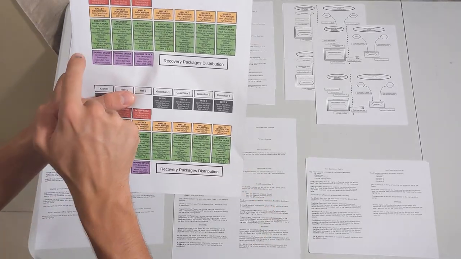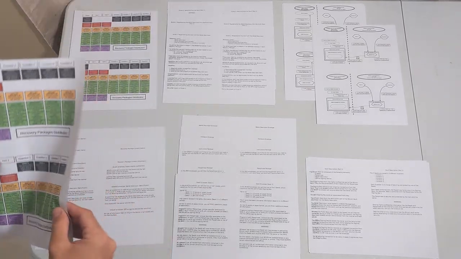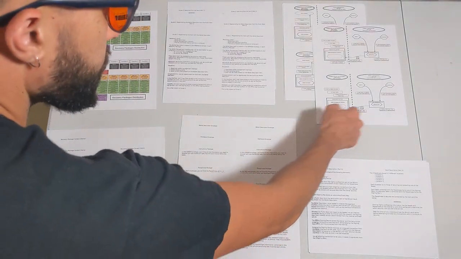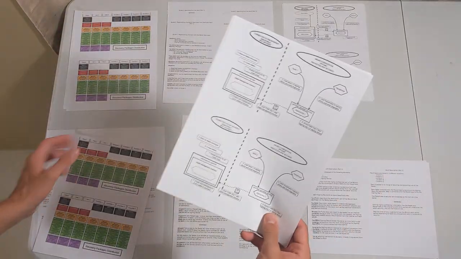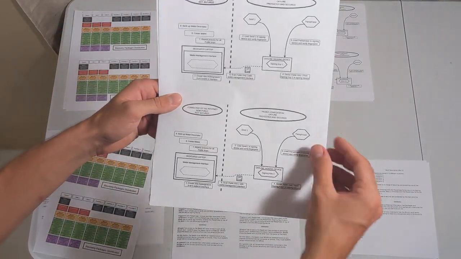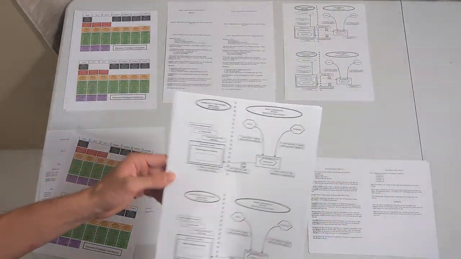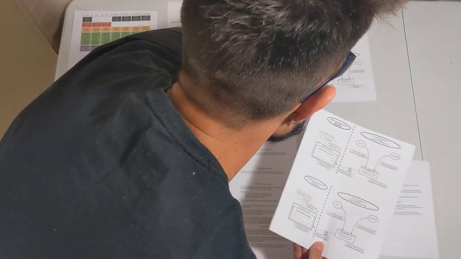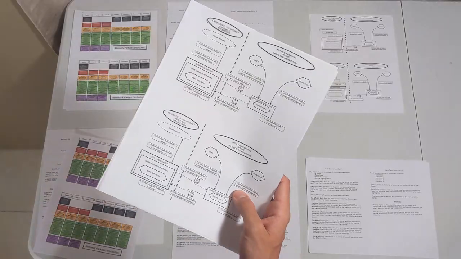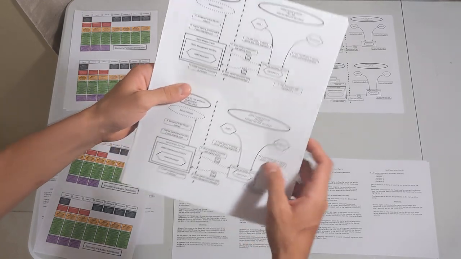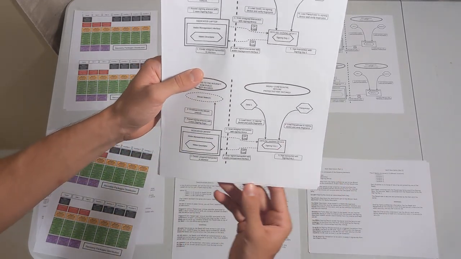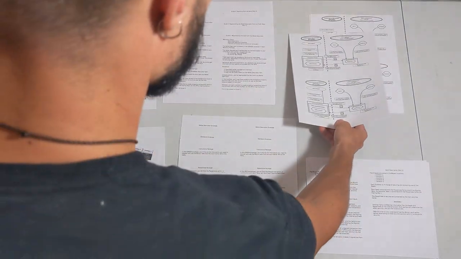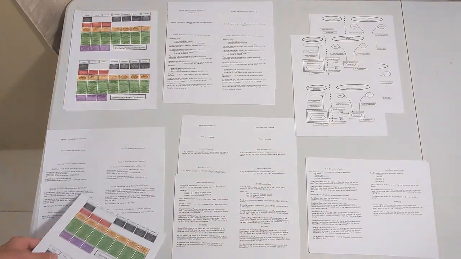Then we have the wallet regeneration flowchart, which is right here. This is this one. And again, we made 8 copies of it, even though we'll only need 7. Then we have the transaction signing flowchart, which is this one. And again, we have 8 copies.